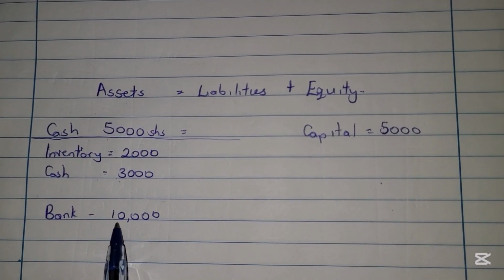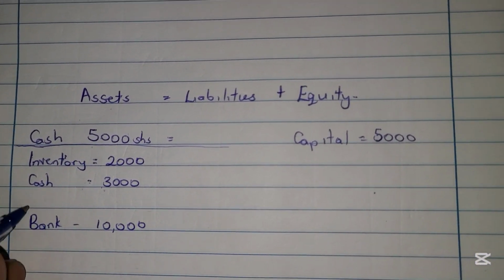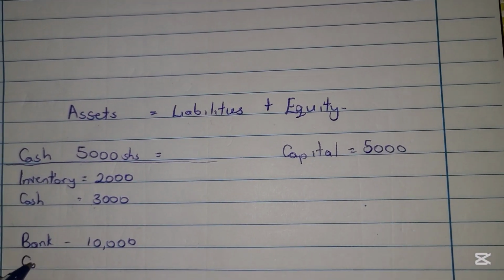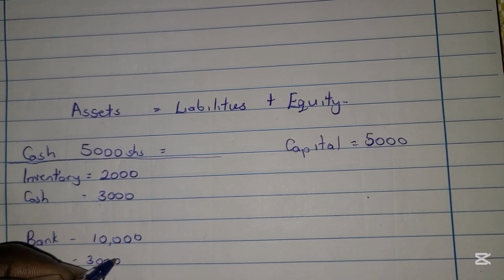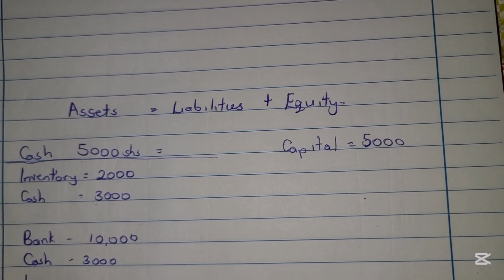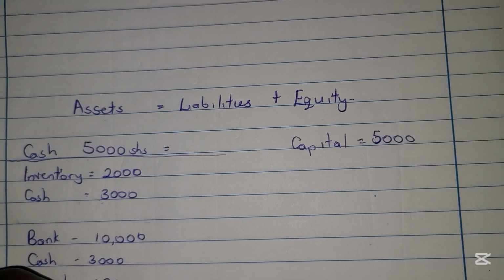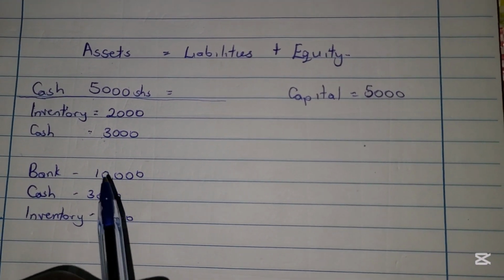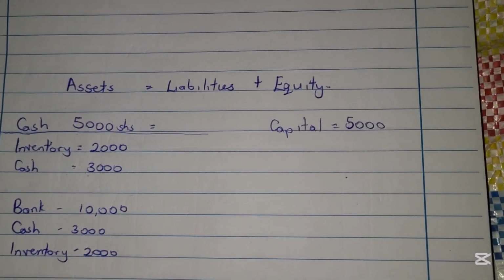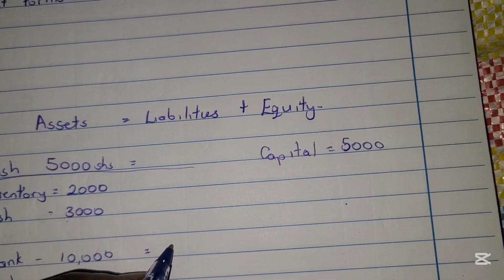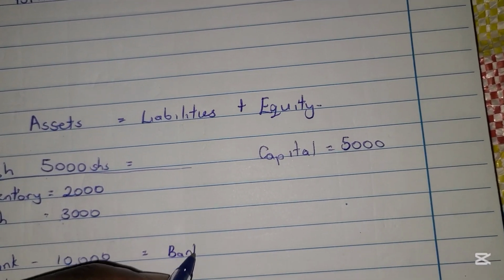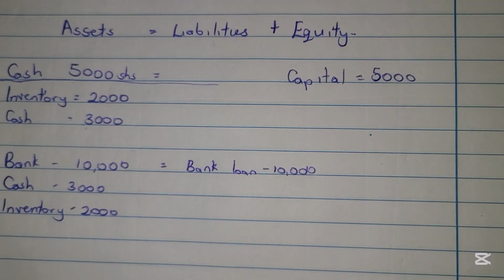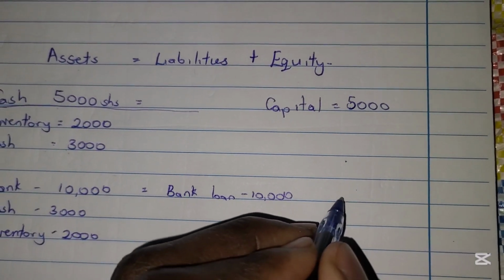So when you get a loan of 10,000, you have increased your cash at bank. However, your cash at hand still remains 3,000. Then your stock also remains 2,000. However, the bank loan is a liability. So we shall write it under liabilities as bank loan 10,000.